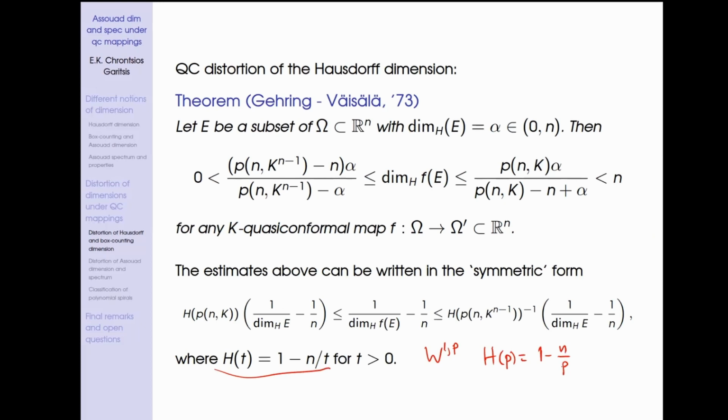And we like to see how it gets involved in this dimension distortion. That's why we sometimes write these estimates in the symmetric form. Keep in mind that from here, which was the estimate for the image for just f, we have it now on the left-hand side. I will be clarifying that when it's needed.